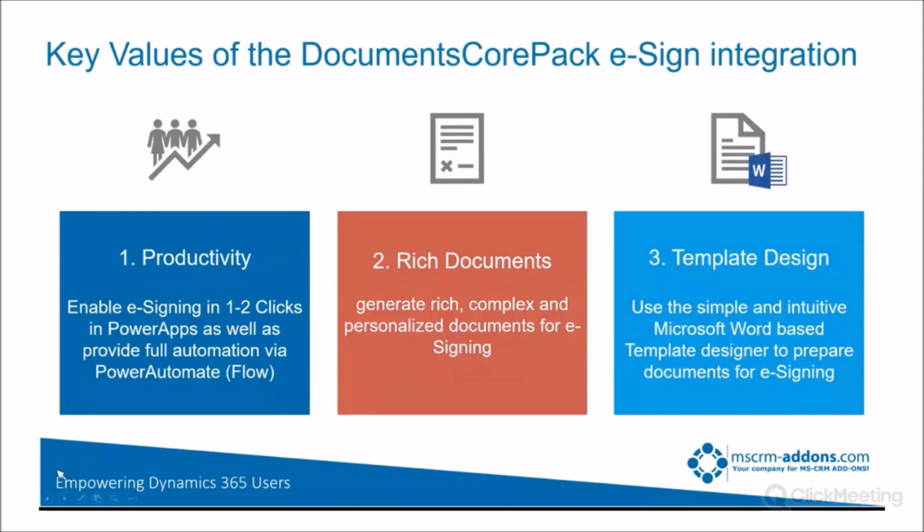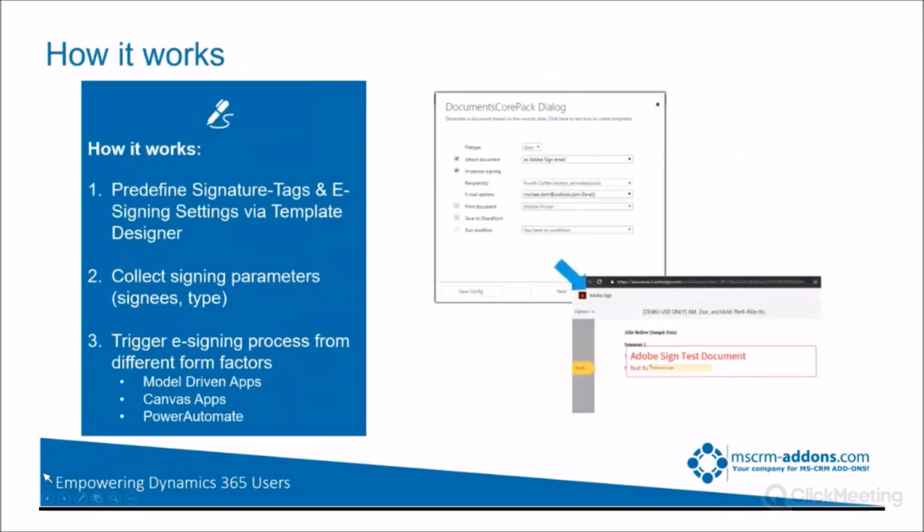Moving on, let's talk a little bit about how this works. Basically, there are three little steps here. You predefine signature tags and e-signing settings via the DocumentsCorePack template designer, and if you've designed templates, you're aware of what that is. Then you collect the signing parameters, whether that be through your DocumentsCorePack dialog, or you embed that into a flow or into a workflow.